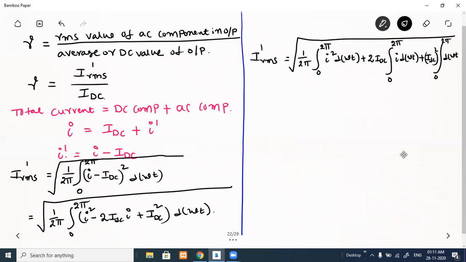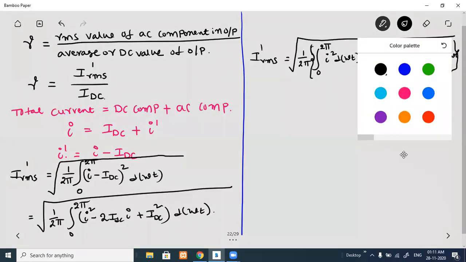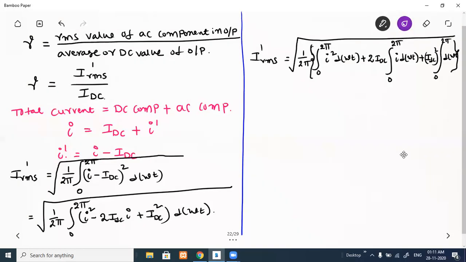And clearly, this 1 by 2 pi is common to all terms. This is the first term, this is the second term, and this is the third term.